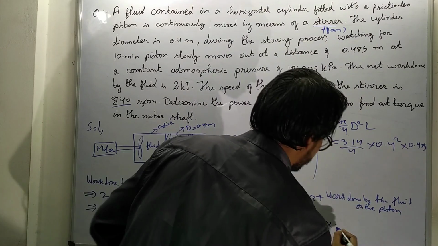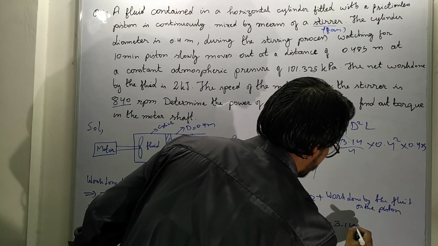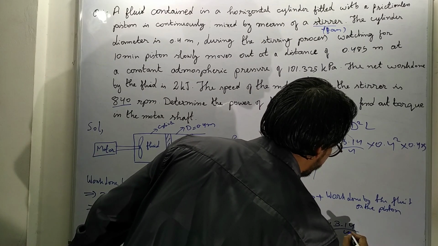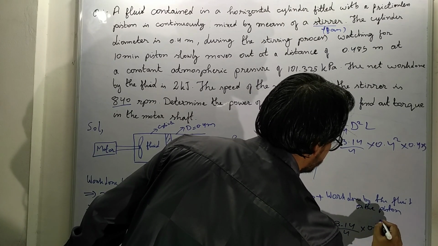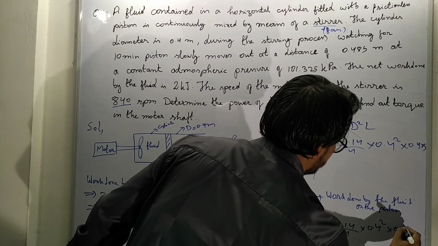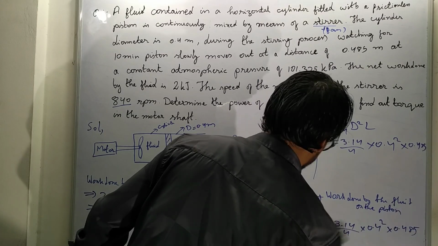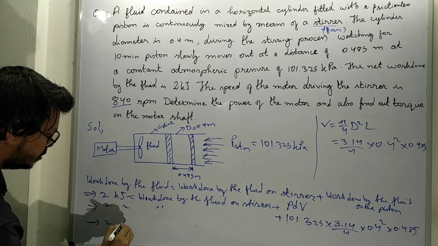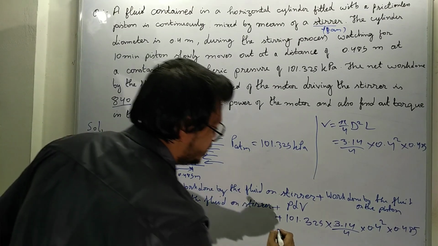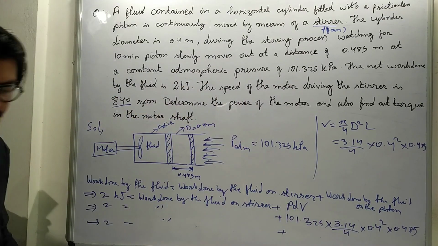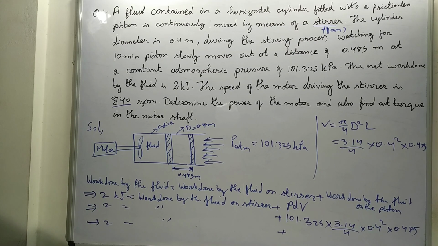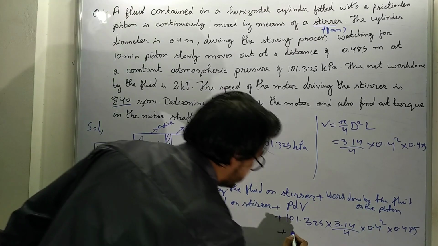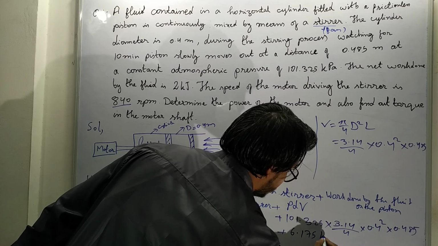Substituting this here, pi by 4 into 0.4 square into 0.485, we get the value of U2 is equal to work done by the fluid on the stirrer plus this. This we get the value as 6.175 kilojoule.